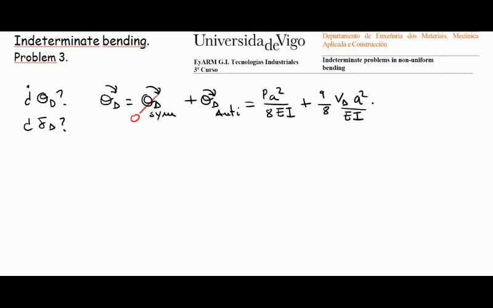We use in both cases the formula for the slope of a cantilever beam with a force at the free end, in the first case with the length A divided by 2, in the second case 3A divided by 2.